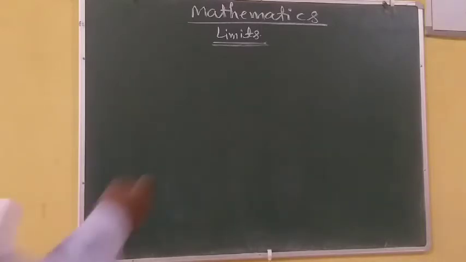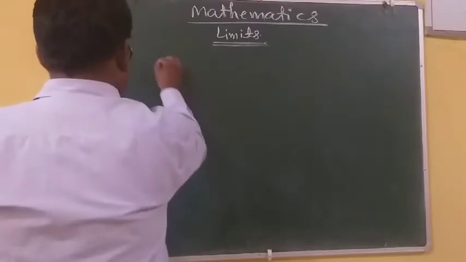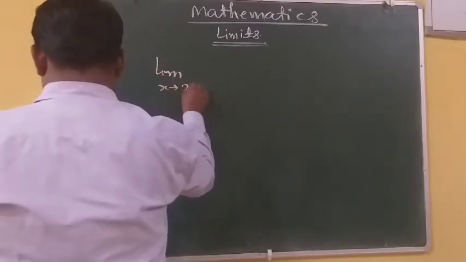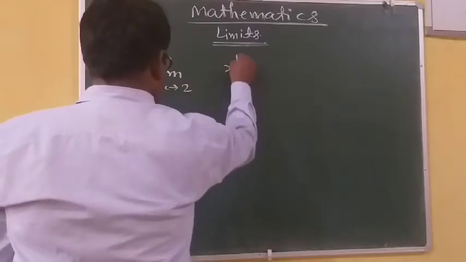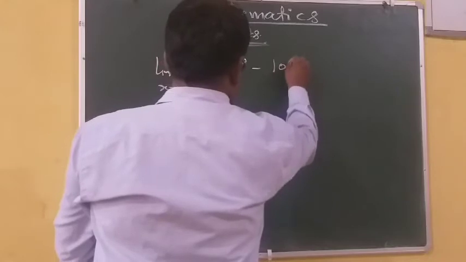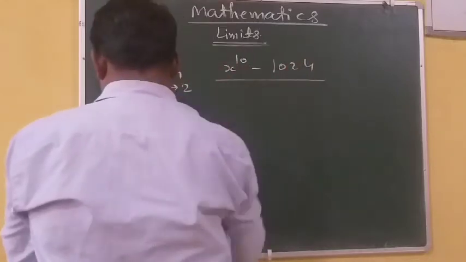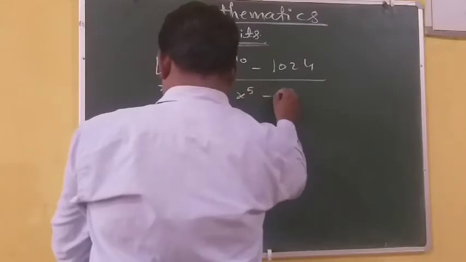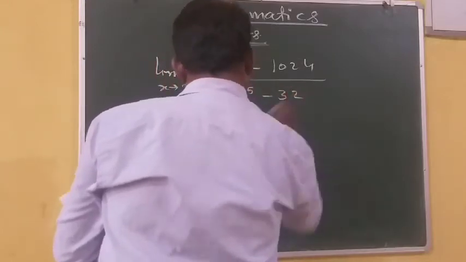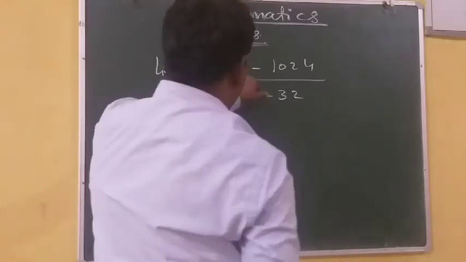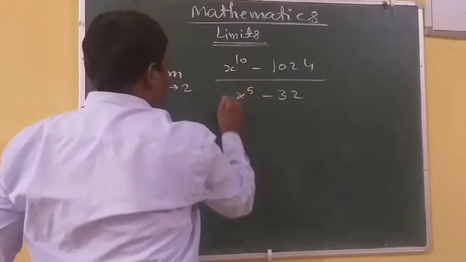Your next question is limit x tends to 2, (x power 10 minus 1024) divided by (x power 5 minus 32). See here, this may be of type x power n.